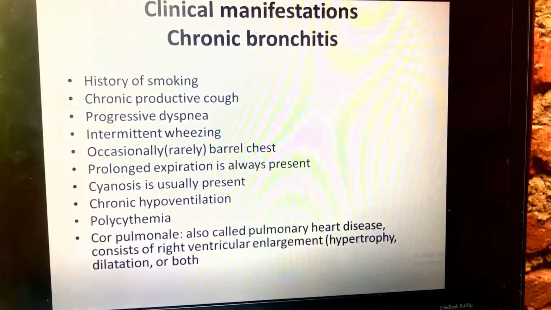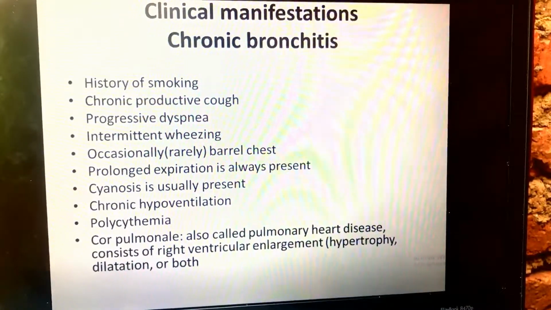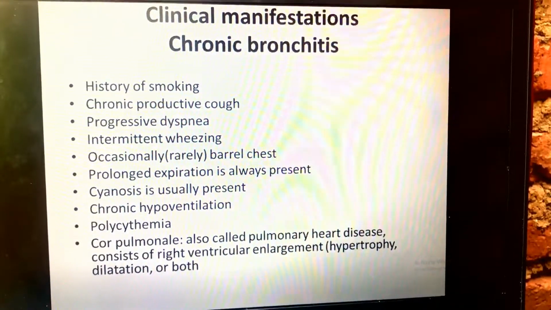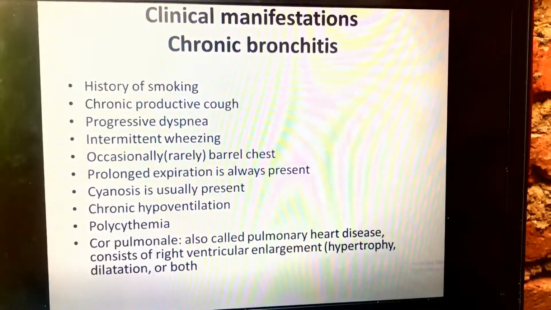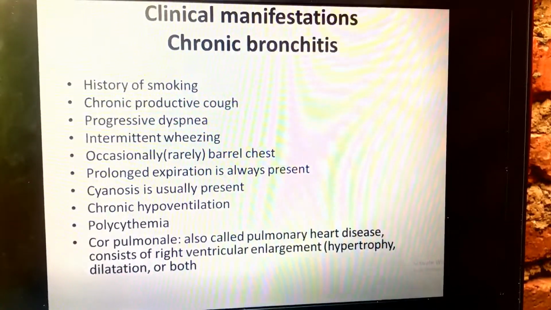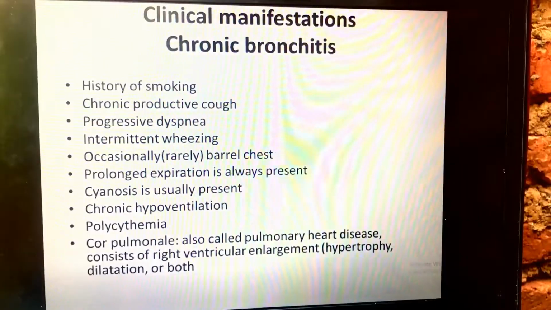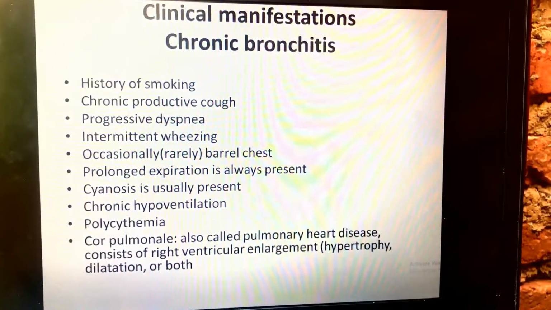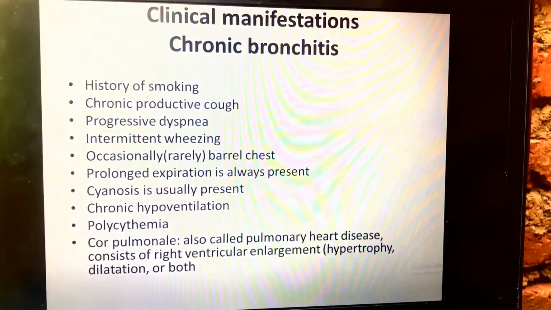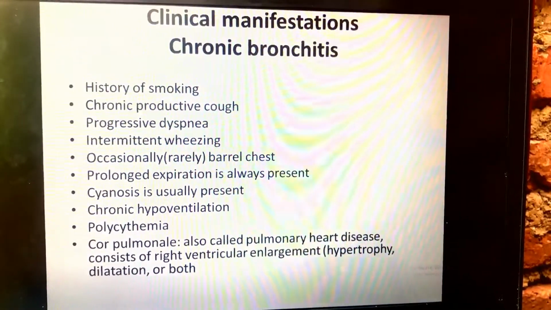What are the clinical manifestations of chronic bronchitis? You have a history of smoking, chronic productive cough, progressive dyspnea, intermittent wheezing, occasionally viral chest infections, prolonged expiration is always present, cyanosis is always present, chronic hypoventilation, polycythemia, cor pulmonale.